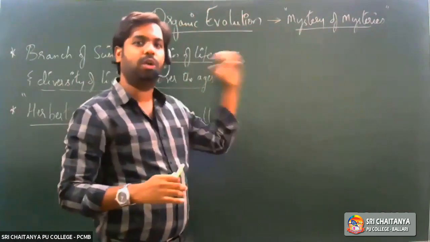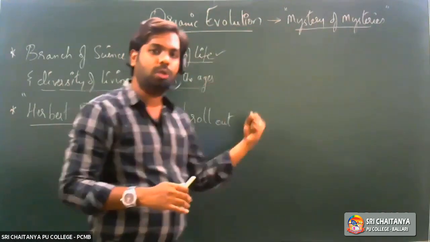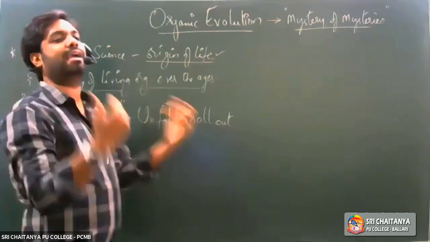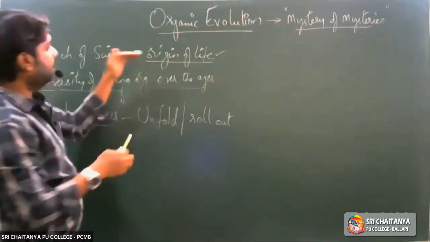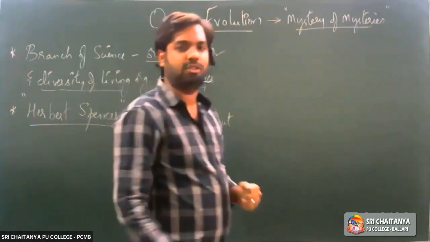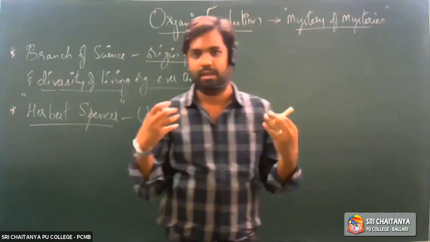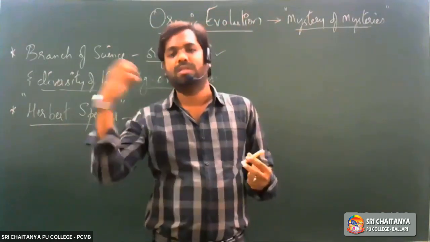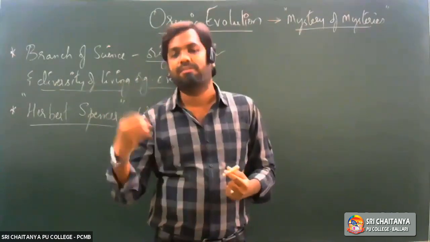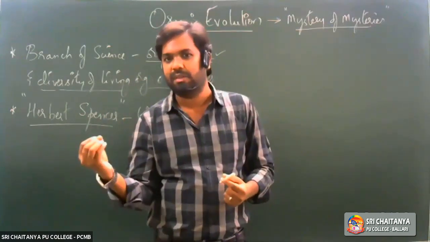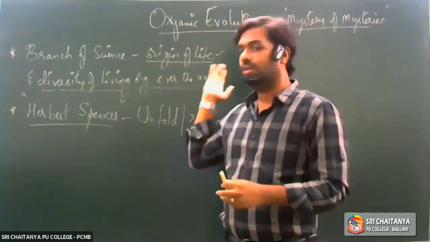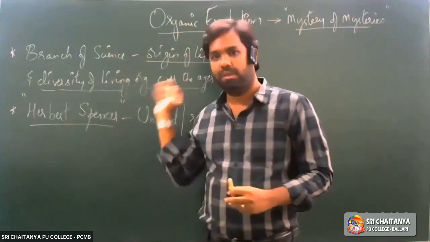In this chapter, we are going to unfold what several scientists have said about the origin of life as well as the diversity of living organisms. We are going to get into a few details about several concepts and theories given by different scientists while they pursued their work on the origin of life and the diversity of living organisms.